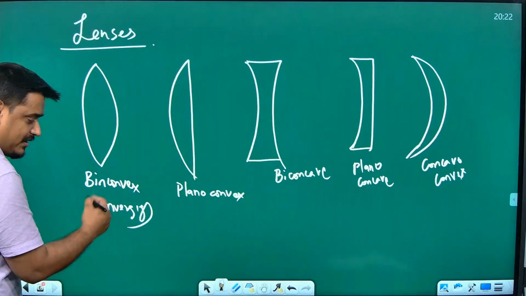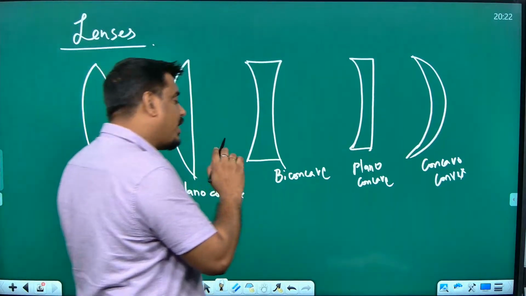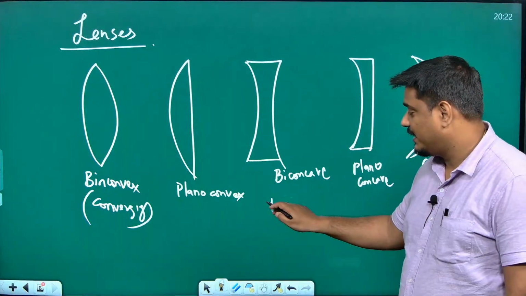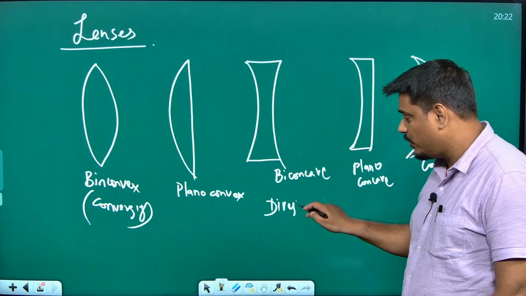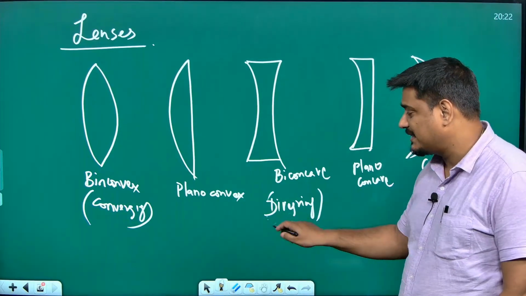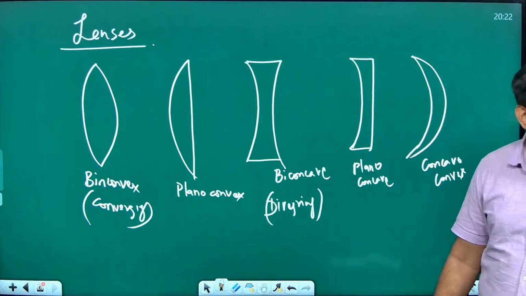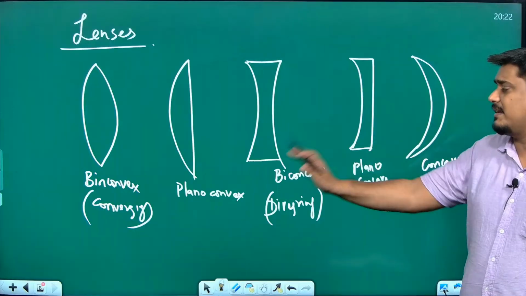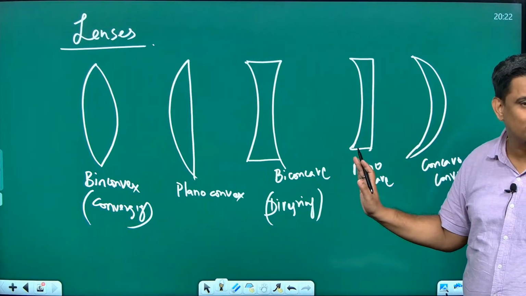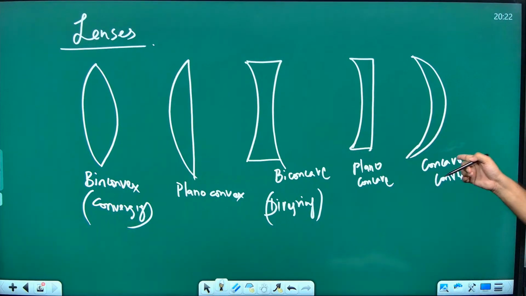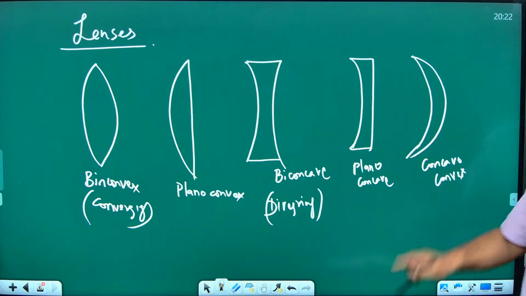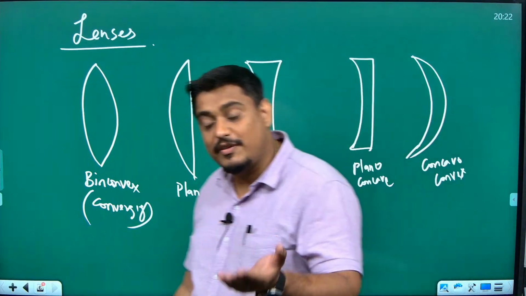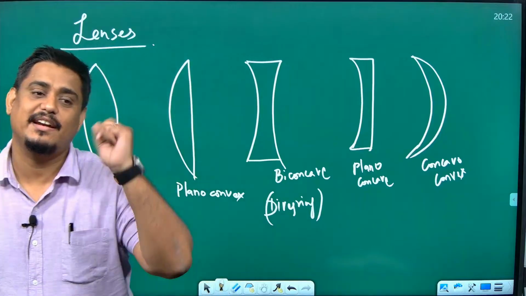Biconcave means it will have a diverging nature. If it is plano convex, it will have a net converging nature. If it is plano concave, it will have a net diverging nature. It will be less diverging than biconcave, but still diverging only. Same way, if it is concavo convex, it has a net converging nature. If it is convexo concave, it will have a net diverging nature.